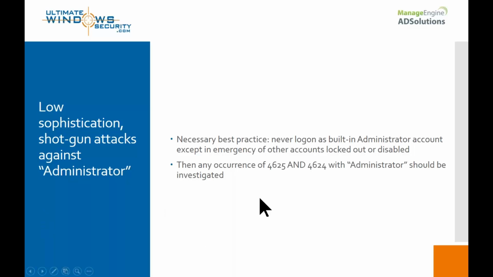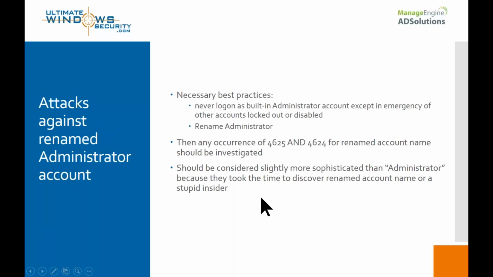Okay, now let's move on and talk about slightly more sophisticated attacks. So let's say that you're following the first best practice of never logging on as the built-in admin account, but you also rename the admin account. Now, is it hard to discover what you've renamed admin to?